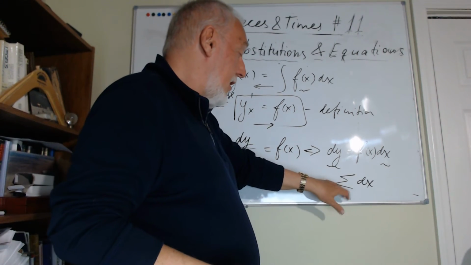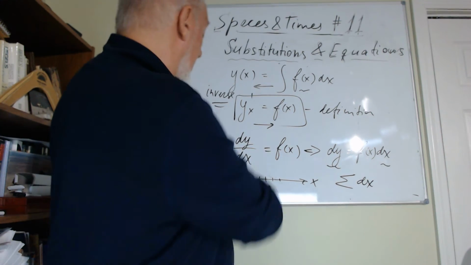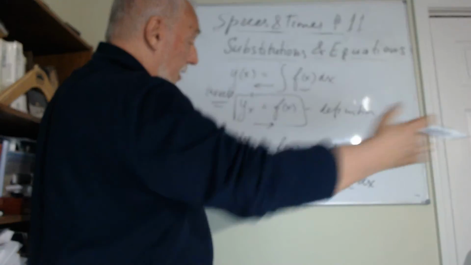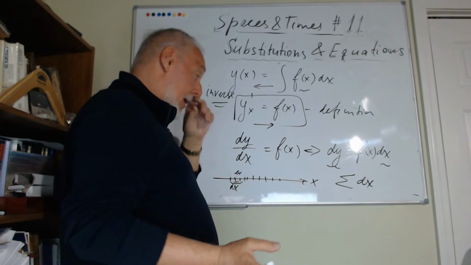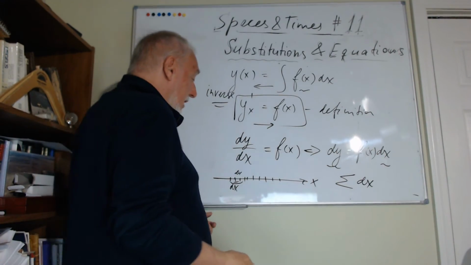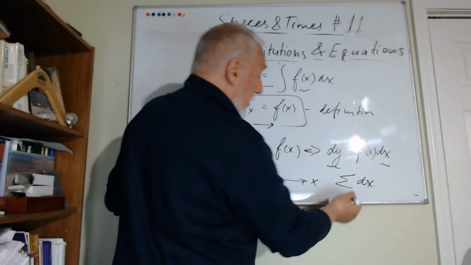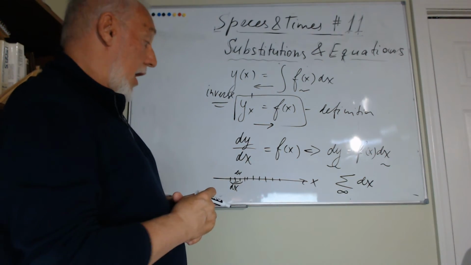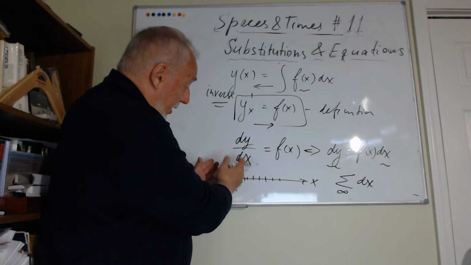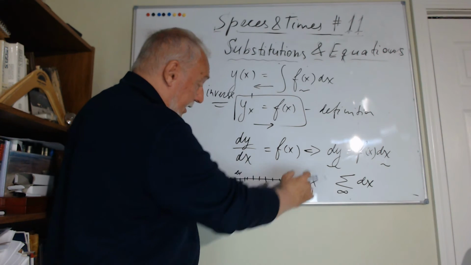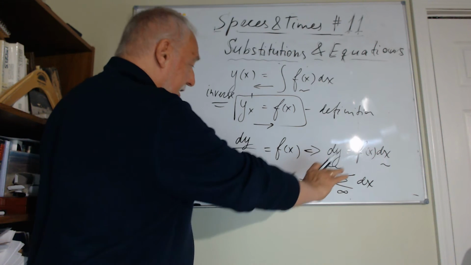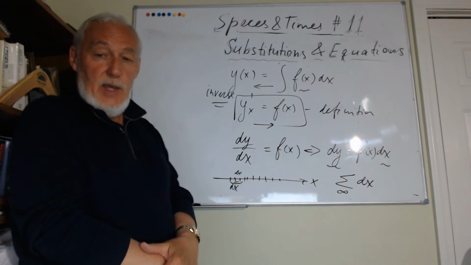But anyway, it denotes the infinite sum of all the dx's, and the dx's are almost zeros. But when you have them in infinite amount, it is like something real. Just look at this axis, and you add all these dx's along the axis x.